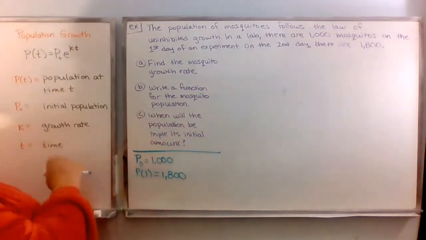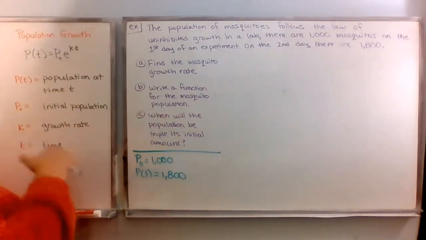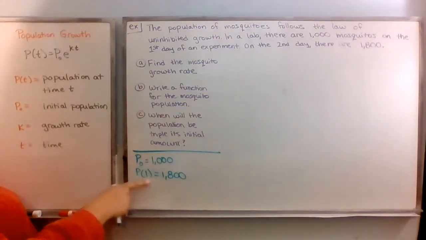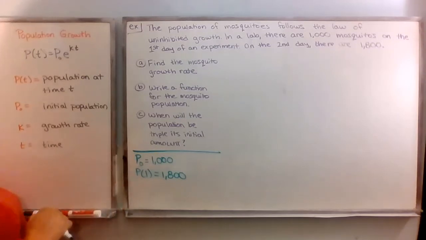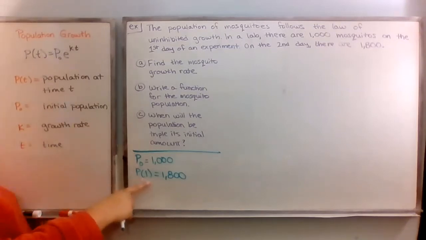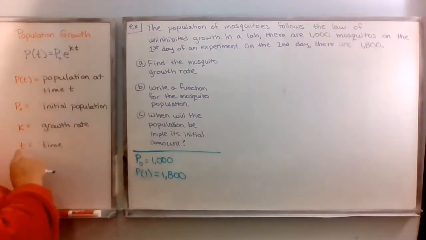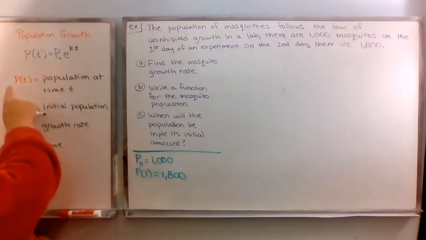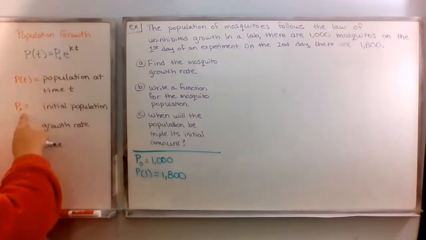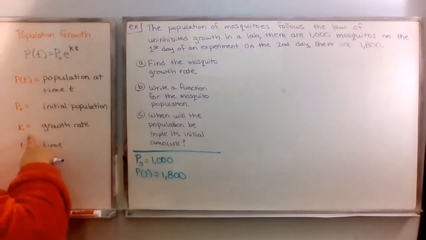We don't know k, and we only know the population for a specific time. So for part A, they want us to find the mosquito growth rate. We know the time is 1, we know the population at that time, and we know the initial population. So we know everything except for k, so we can use that to solve for k.